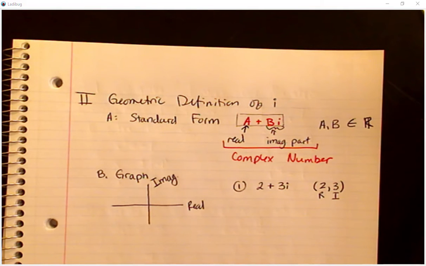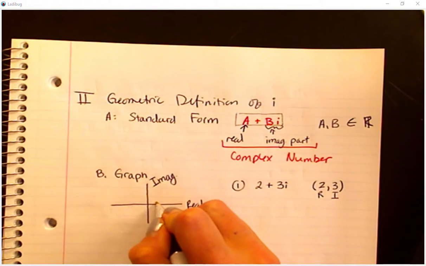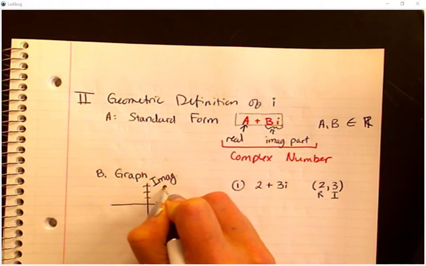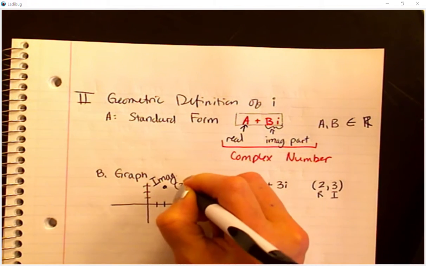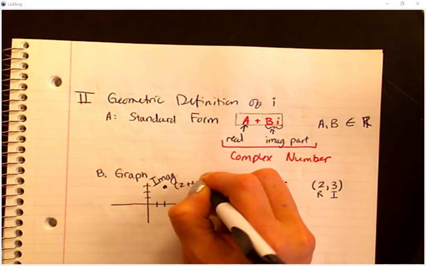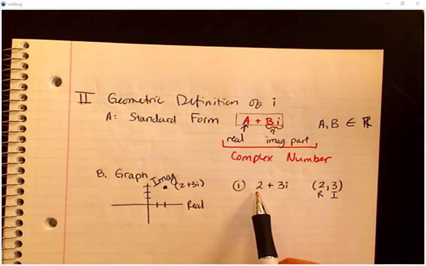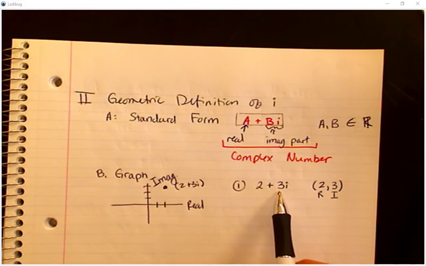Notice how I'm just taking the numbers, the part that we usually put on a coordinate grid. This is the point 2 plus 3i. You get it by taking the numbers 2 and 3. The X is for the real, the A part, and the B is for the imaginary part.